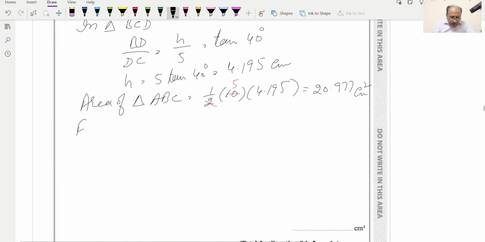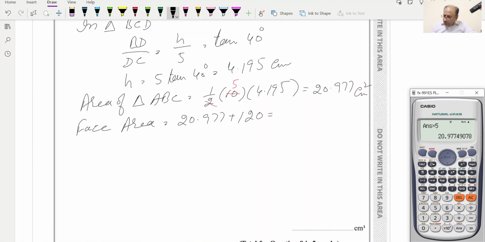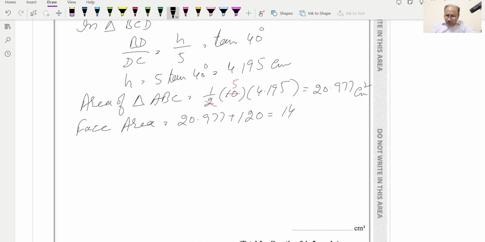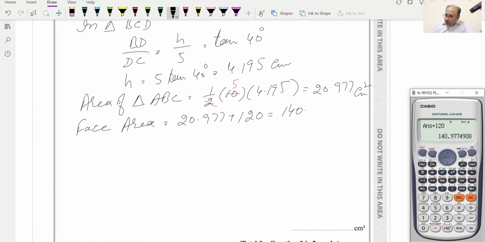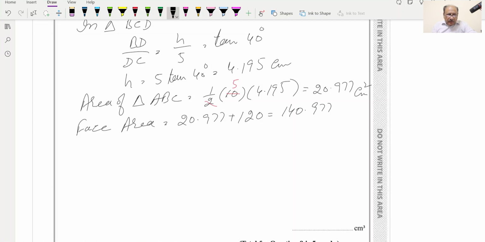So we can write face area is equal to 20.977 plus the area of the rectangle, which we found to be 120, so plus 120 is equal to 140.977, and this will be in centimeter square.